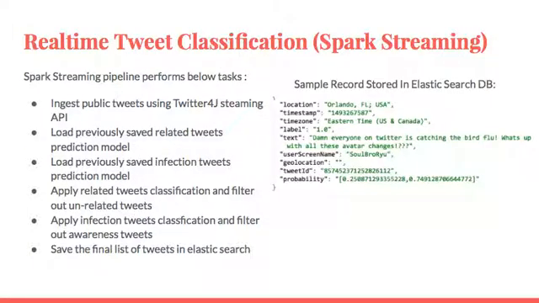The next part, after the three models, is the real-time tweet classification using Spark. The Spark streaming pipeline performs the following tasks. First, it uses the Twitter4j streaming API to get the public Twitter data.